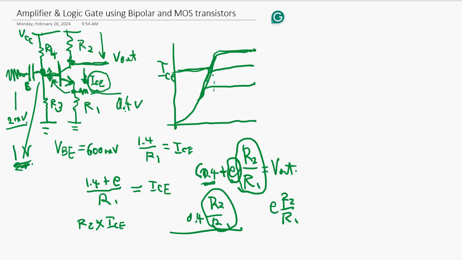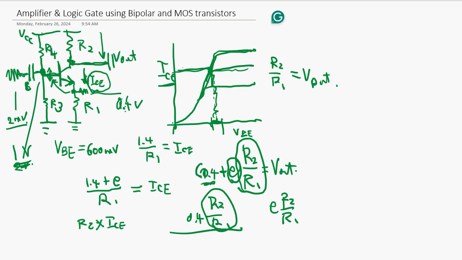So what happens is, this is VBE and the AC is riding here, and the output is ICE changing, multiplied by this ratio, giving Vout.